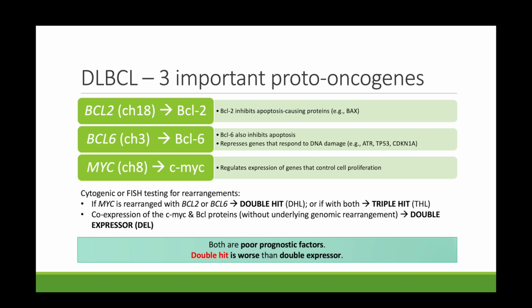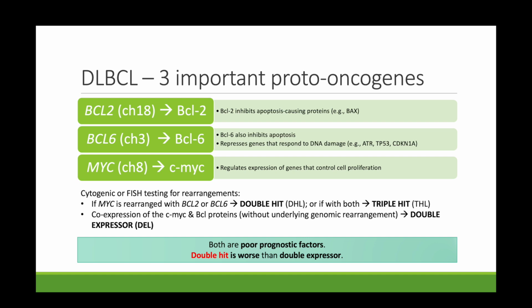So both of these are poor prognostic factors, double hit as well as double expressor, but double hit is worse than double expressor. And the way that I remember that, it's just in the name, right? If somebody hits you, think of that as really bad versus just expressing anger. That's sort of my silly mnemonic to remember this. So double hit is a worse prognosis, and of course triple hit as well, compared to double expressor.